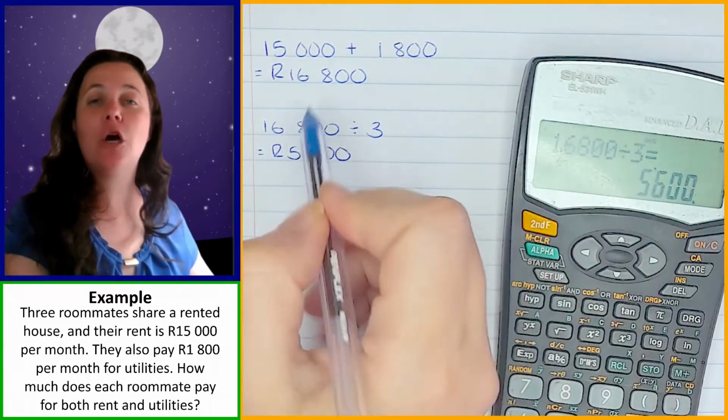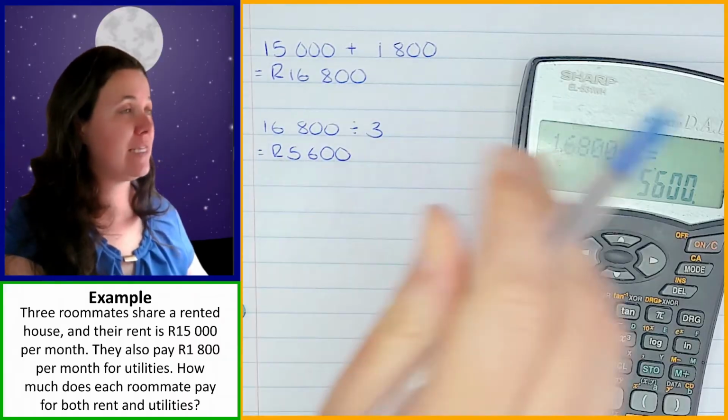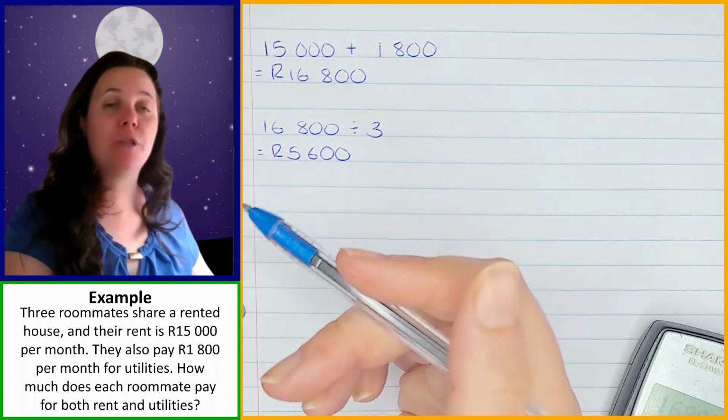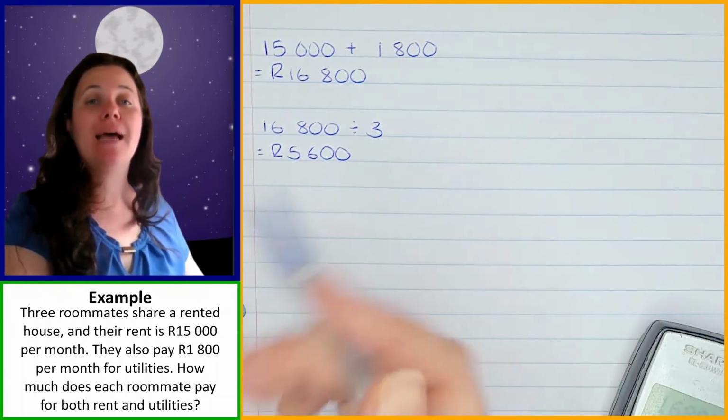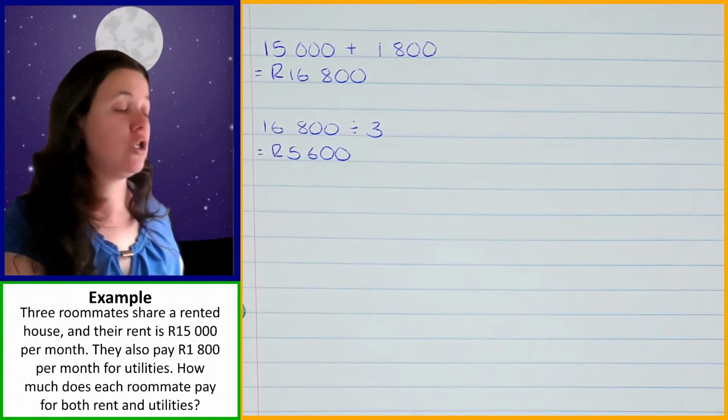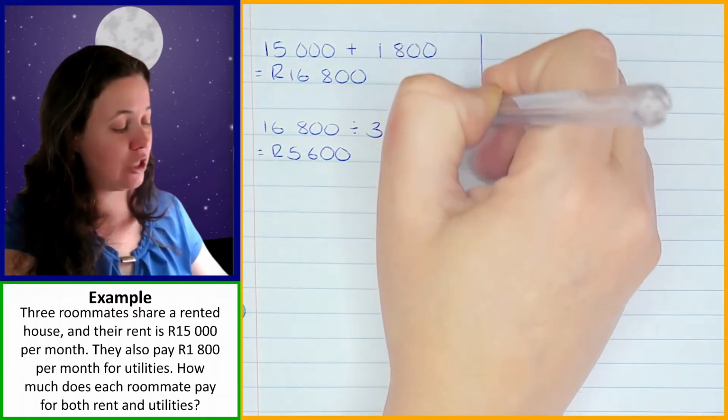Now, like I said, this isn't the only way you can do it. You could have taken the 15,000 and divided it by 3, and the 1,800 and divided it by 3, and then added those amounts to find out how much each roommate pays. You can also do it in one calculation like this.